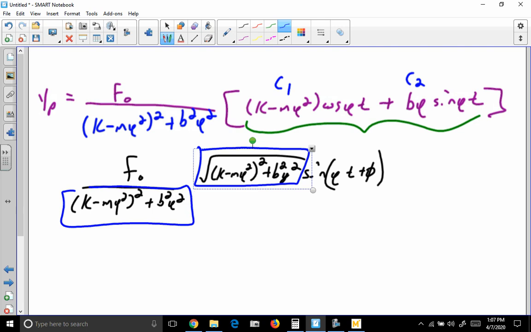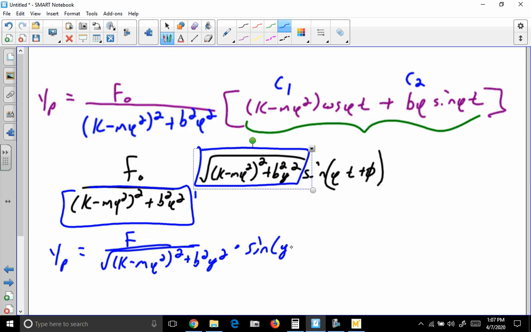So on the bottom we have that to the first power, on top we have it to the 1/2 power. If we're dividing and our bases are the same, we subtract our exponents, so 1/2 minus 1 is negative 1/2. So we're going to end up having that square root on bottom times sine of gamma t plus theta. I've been using phi here, but they're using theta here because we use phi for the homogeneous.